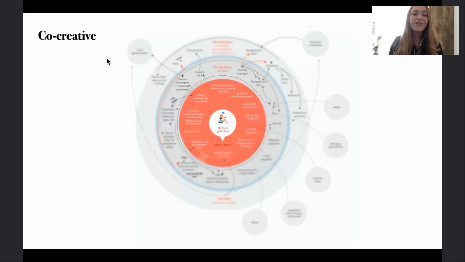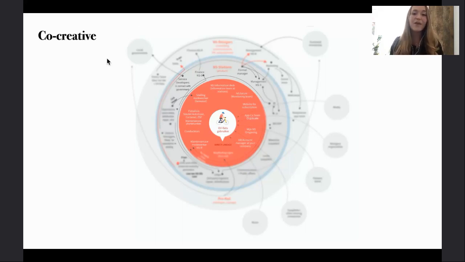And it was sometimes hard to find out who was responsible for what, or who would be the decision maker in the end. And a stakeholder map or ecosystem map like this really helped us visualize the challenge and unclarity that we saw. At some point, this helps creating awareness, but also shows the stakeholders where they might make a change, or where things could go more smoothly in the future.